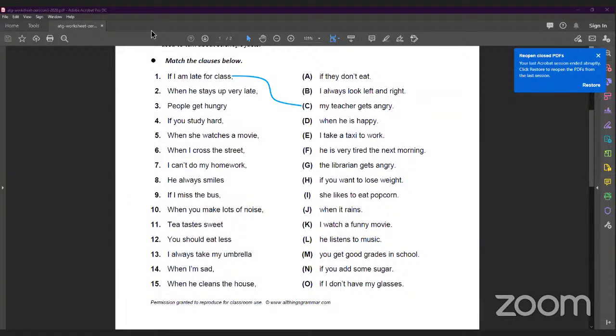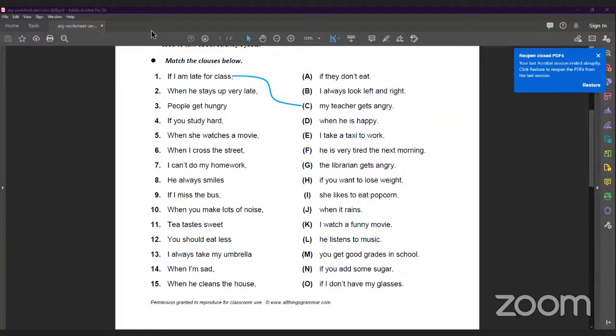Next one, number 11. The detective... Se me cerró la pantalla, espérame. Okay. You add some sugar. Yes, that's perfect. Thank you.